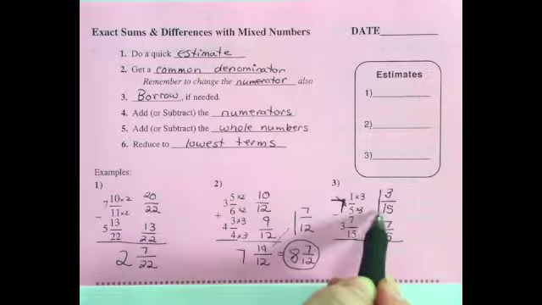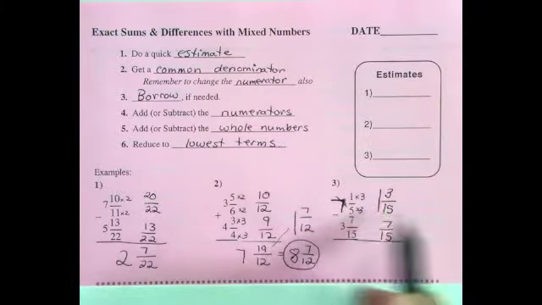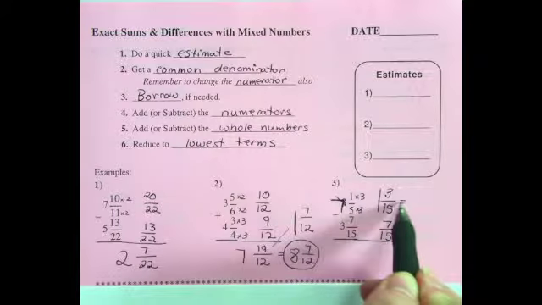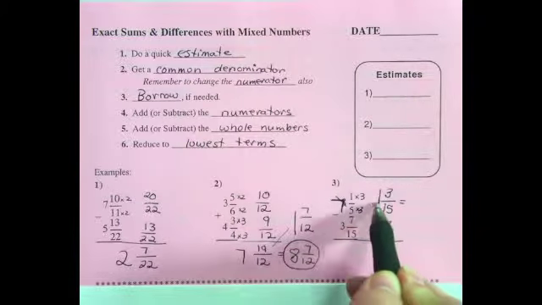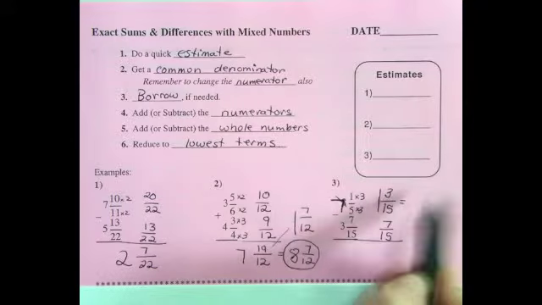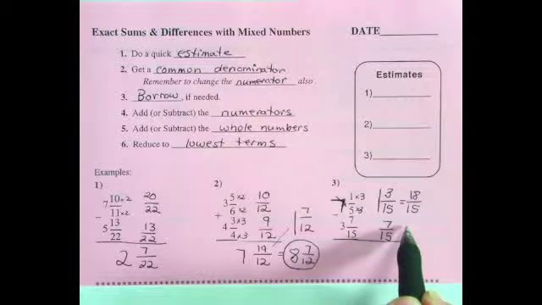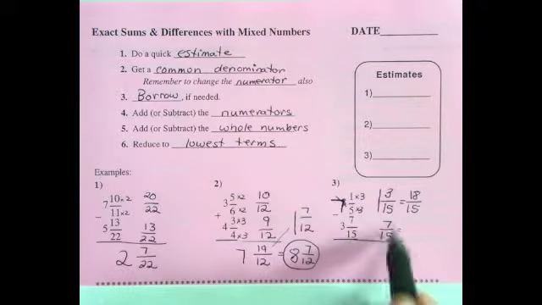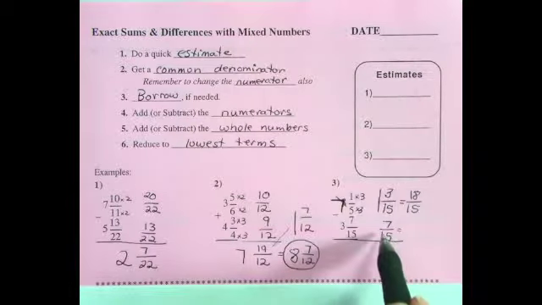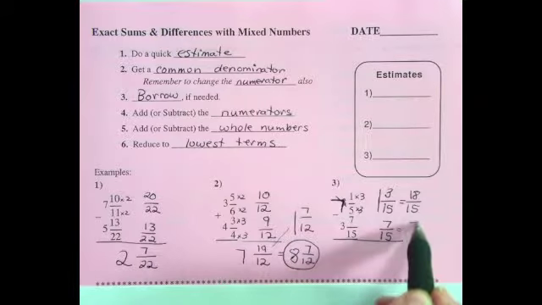1 and 3 fifteenths we're going to turn into an improper fraction, so we have enough to subtract. 15 times 1 is 15, plus those 3 give me 18 fifteenths. Going to leave this one alone. If we borrow from him, we'd still be too big to subtract.